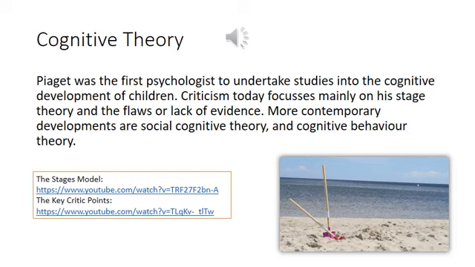There are several criticisms on his model nowadays that focus on his actual lack of evidence or flaws in the actual experimental design. Nevertheless, it was quite a significant and influential study undertaken, and it echoes through until today. So I felt, because it also constitutes the base for more contemporary research in cognitive theory, such as social cognitive theory or cognitive behavior theory, it is important that you at least know about it, even though it is quite highly criticized at the moment.